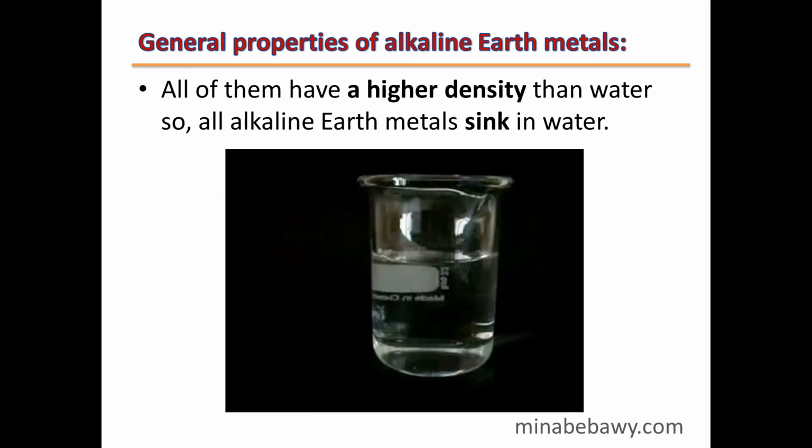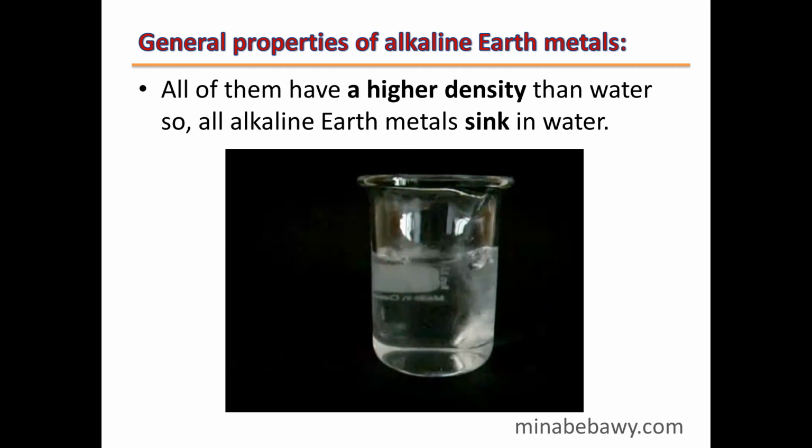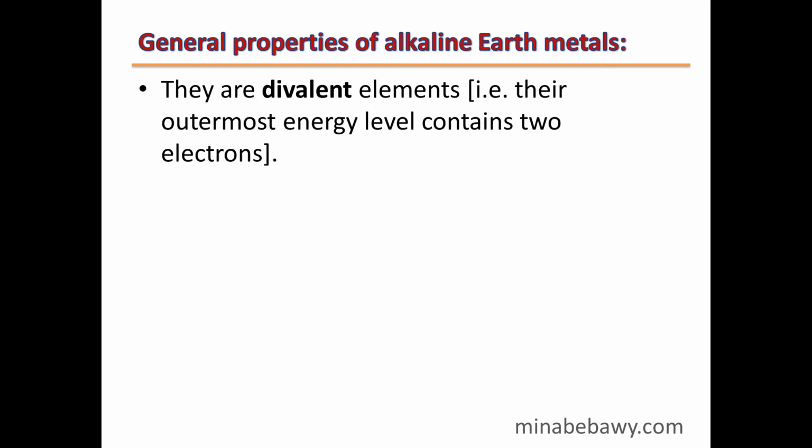The second property is all of them have a higher density than water. So as you can see, all alkaline earth metals sink in water. The third property is they are divalent elements. In other words, their outermost energy level contains 2 electrons. For example, beryllium, its outermost energy level L contains 2 electrons.